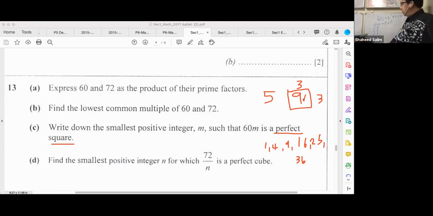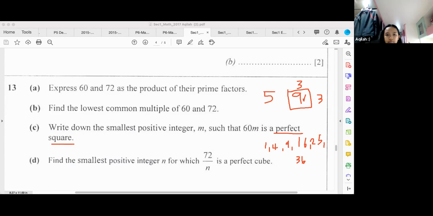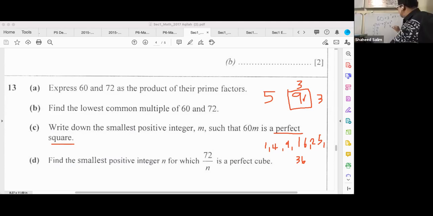Okay. So now, if you want to find the square root of this number, the square root of 36 is 6, right? So I must be able to put these numbers into 2 groups. The 2 square means 2 times 2. I put one 2 here, I put another 2 here. It's 3 times 3.